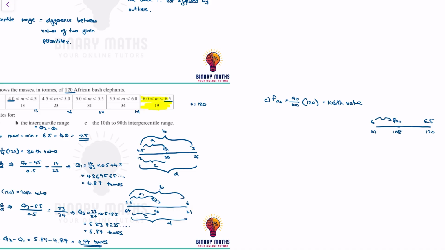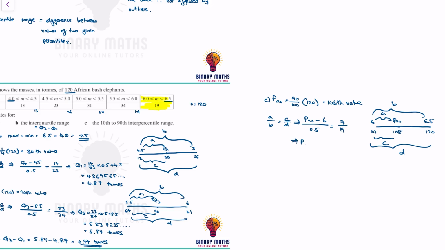So A over B is equal to C over D, which implies P90 take away 6 over 6.5 take away 6, which is 0.5, is equal to 108 take away 101, which is 7, over 120 take away 101, which is 19.